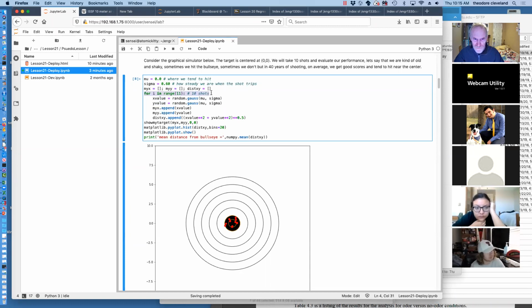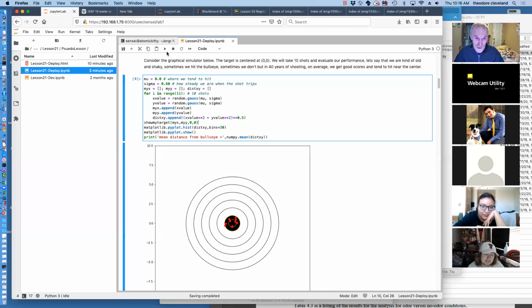We're using a for loop to construct the samples, and then we're using the append feature on these two currently empty lists to store those results. And we're actually going to compute a distance of our xy coordinates to the center of this target. So perfection would be a red dot right smack in the middle. But we're humans, so perfection is pretty hard to achieve.